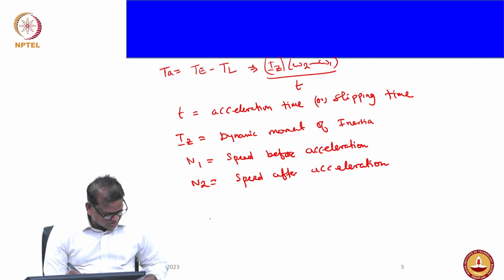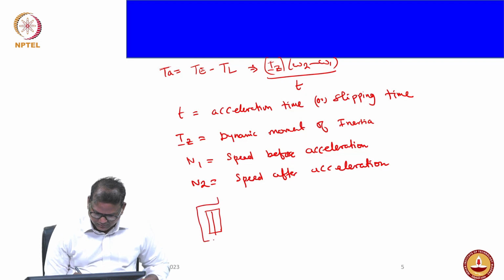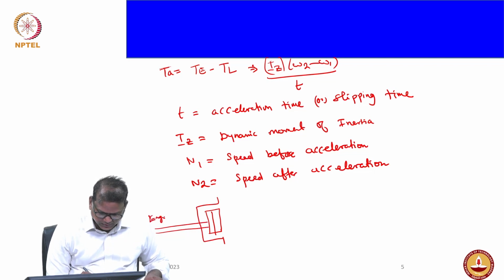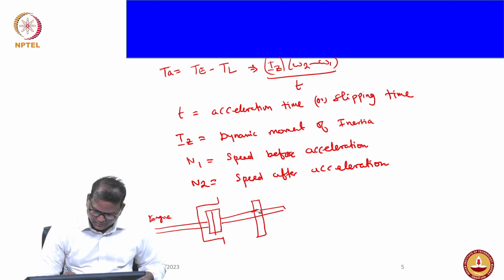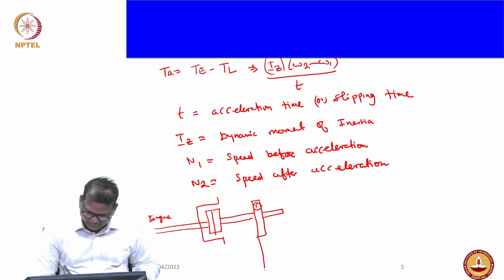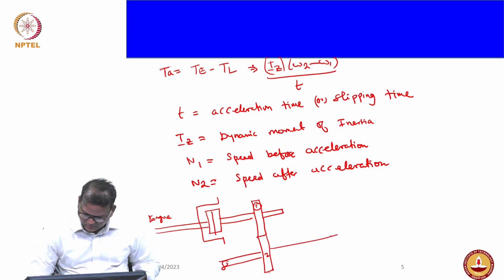So assuming that you have a clutch here, this is just the clutch. There is an input coming from the engine, the shaft. Then it is attached to one gear. Assuming this is gear 1, then you have another gear, gear 2. This is your shaft, just for schematic purposes only.